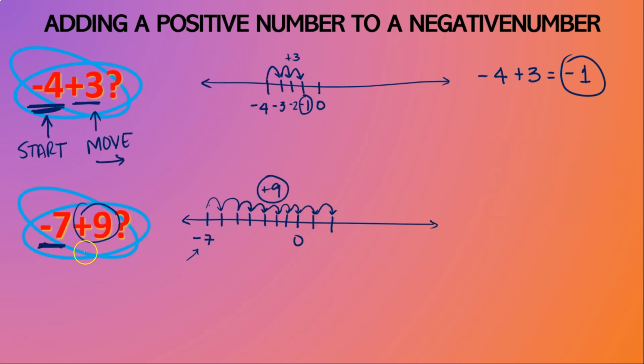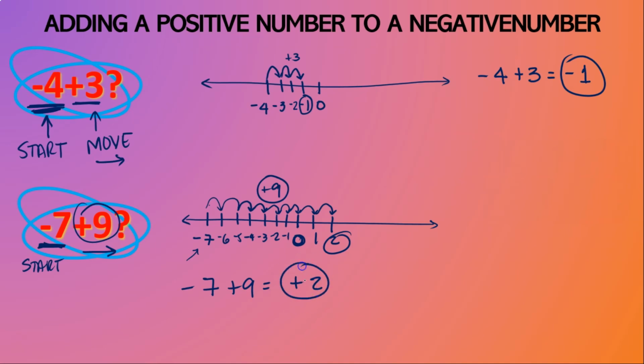So we move to the right because the number is positive, and we start from -7, and we know that it starts in 0, 1, and 2. And you can feel free to fill in the other numbers if that is more helpful. So minus 7 plus 9 gives us an answer of positive 2. And this is a way in which you can add a positive number to a negative number.